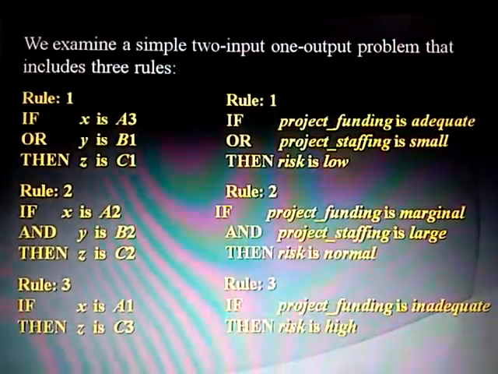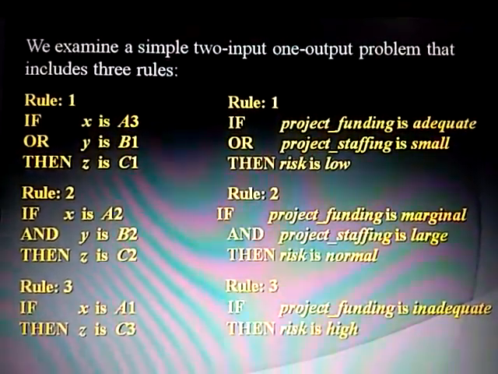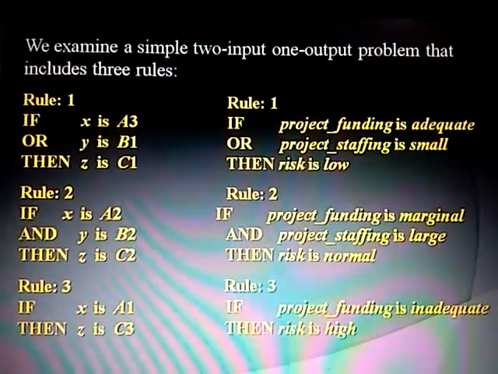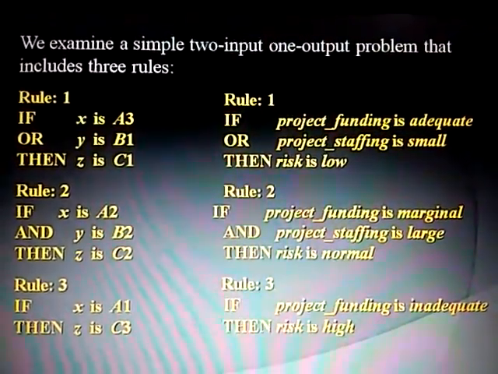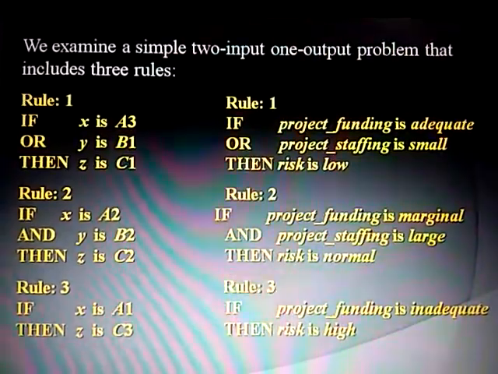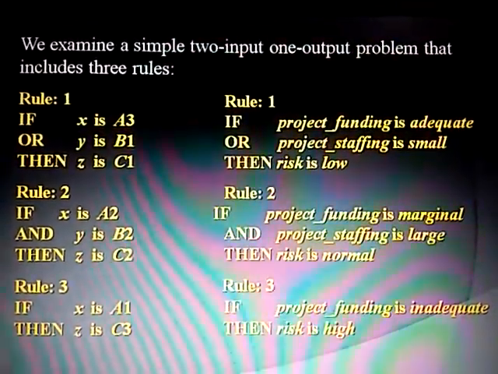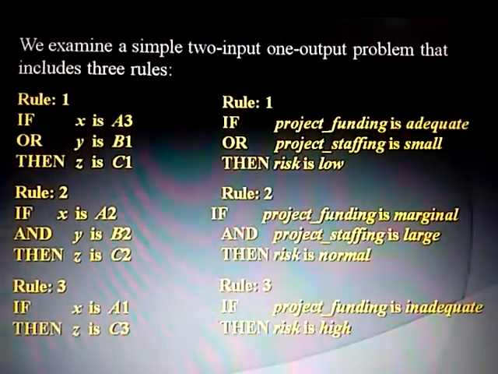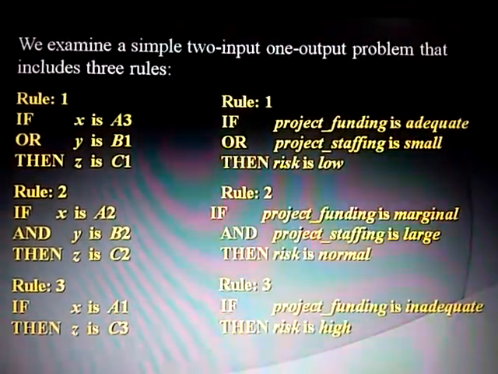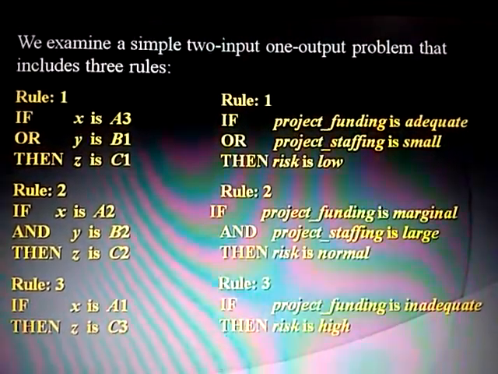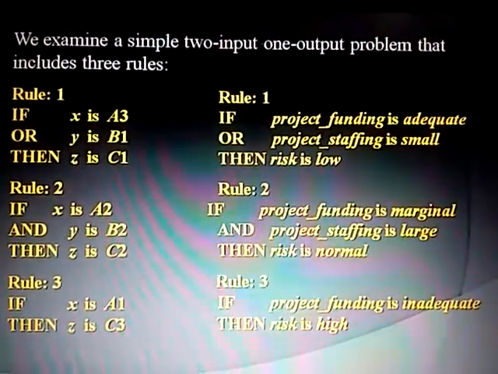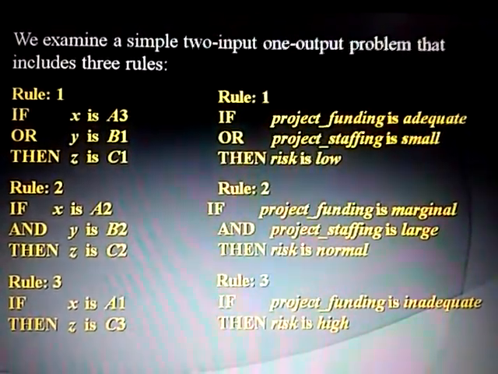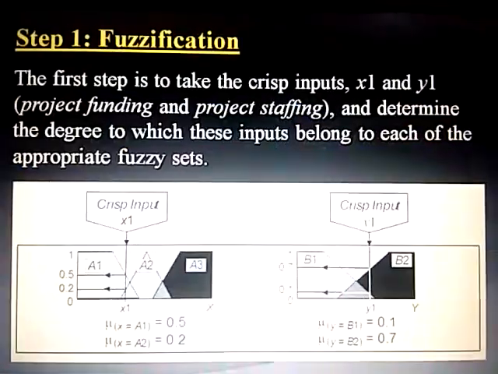Rule 2: if x is A2 and y is B2, then z is C2. That is, if project funding is marginal and project staffing is large, then risk is normal. And rule 3: if x is A1, then z is C3. That is, if project funding is inadequate, then risk is high.